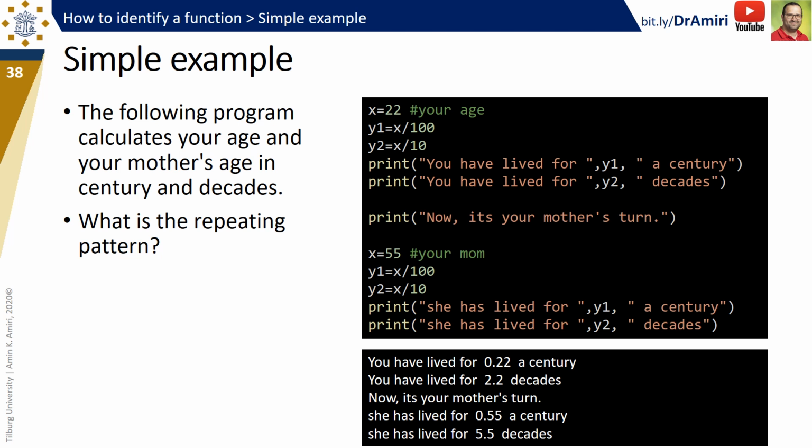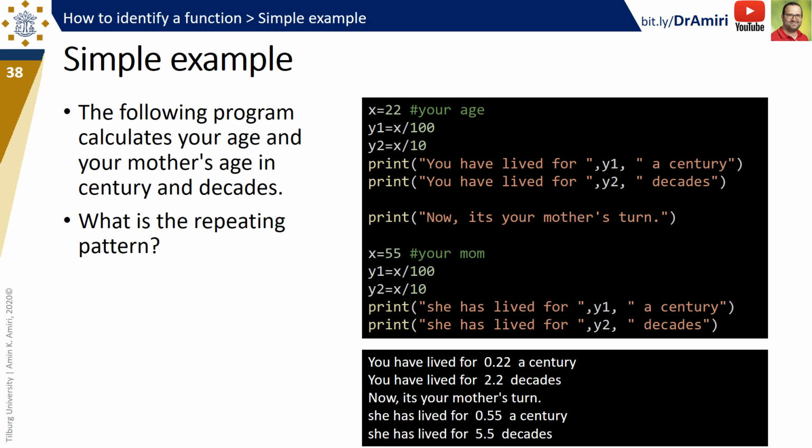After that, we print y1 and y2 using two sentences. Then we print "now it's your mother's turn", and we assume that your mother is 55 years old, and we set x to 55, and then almost the same calculation occurs here. We calculate y1 and y2 and then print the same thing. And you can see the output of this program at the bottom.